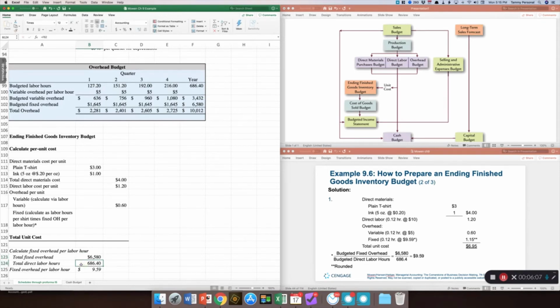We had our total labor hours of 686, which we picked up from one of these, right? And that gives us $9.59 in fixed overhead per labor hour. We then take that and multiply it by the labor hours per shirt. So it's that 0.12 figure.